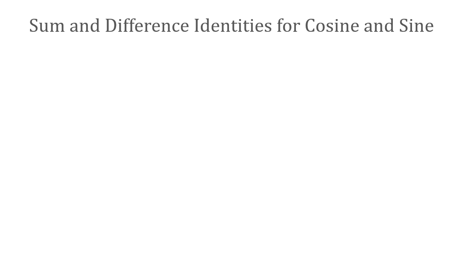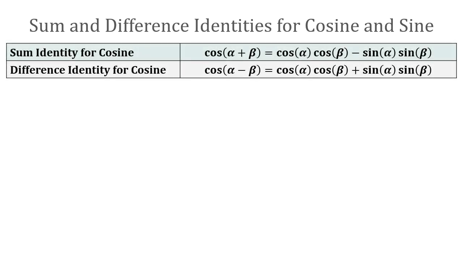Sum and difference identities for cosine and sine will allow us to find the cosine and sine of some of the angles that we're not familiar with. The sum identity for cosine says that the cosine of the sum of two angles is equal to the cosine of the first angle times the cosine of the second angle minus the sine of the first angle times the sine of the second angle.